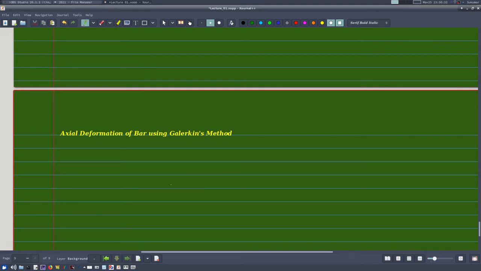You know that the differential equation we had got as d/dx of AE into du dx plus qx, and we had already assumed q as linearly varying function. So let me directly write here b into x in place of q.